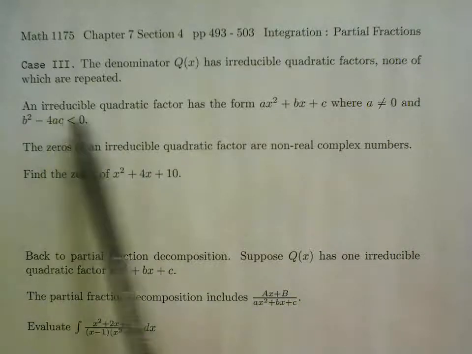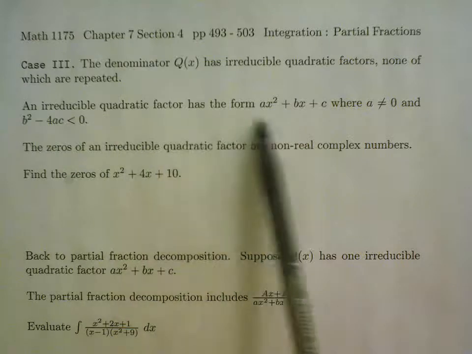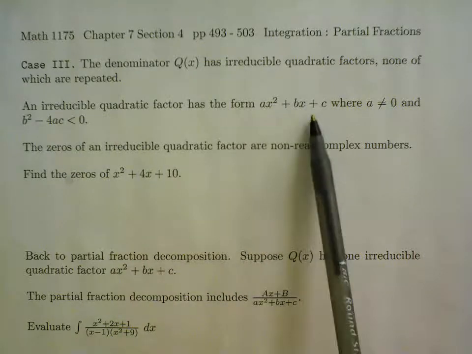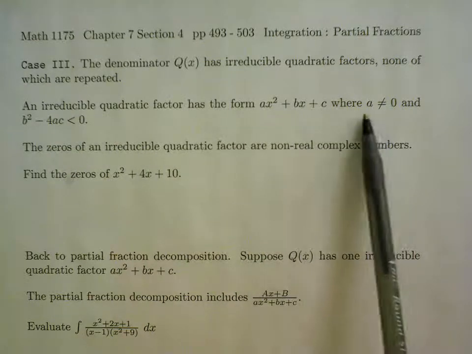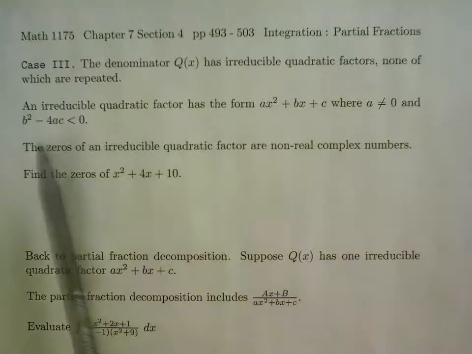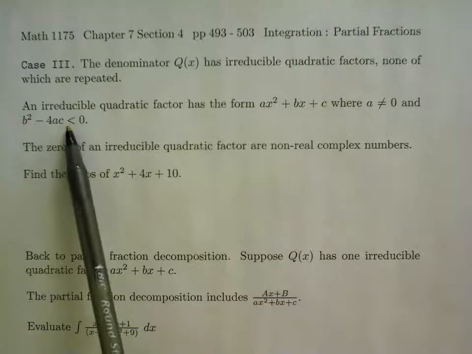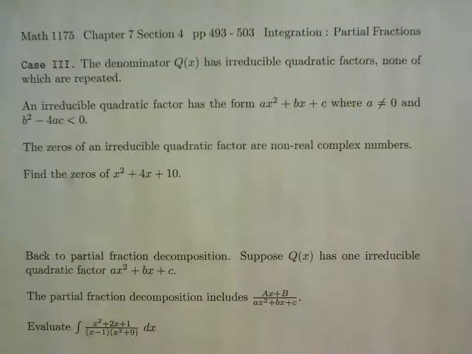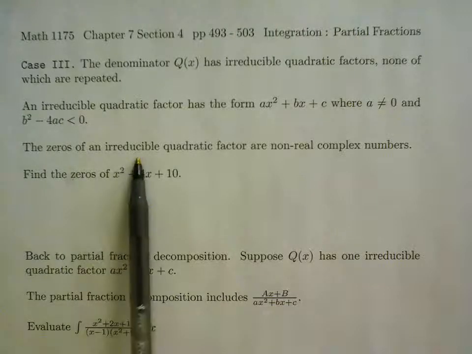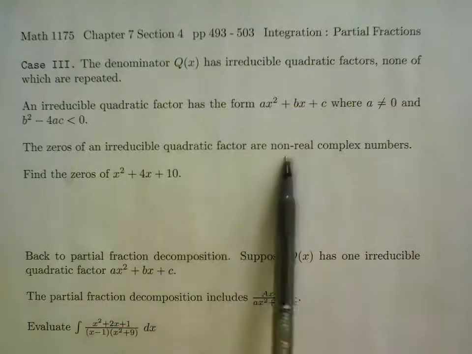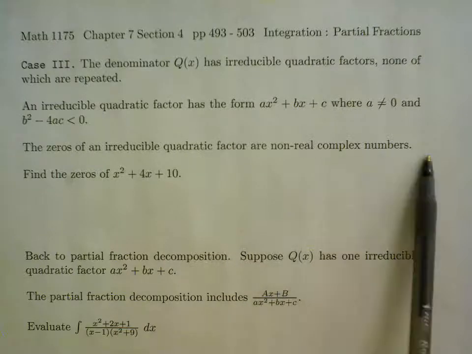An irreducible quadratic factor has the form ax squared plus bx plus c, where a does not equal 0 and b squared minus 4ac is less than 0. Okay, the zeros of an irreducible quadratic factor are non-real complex numbers.